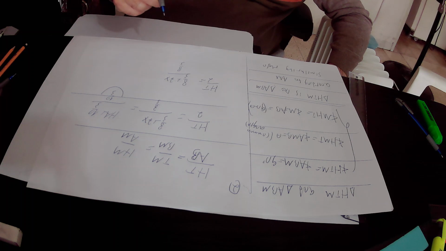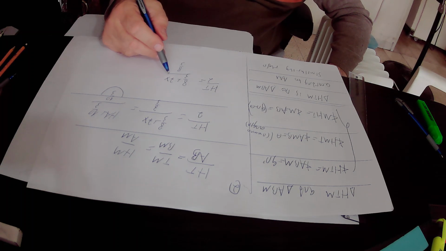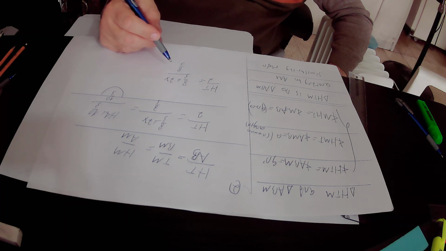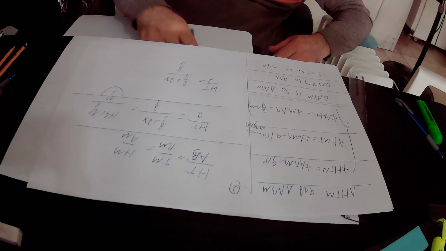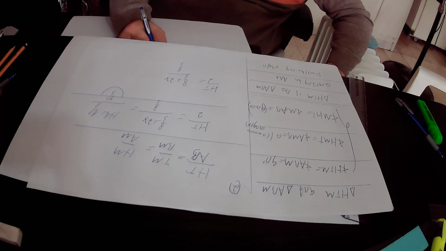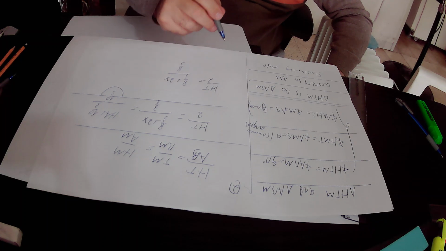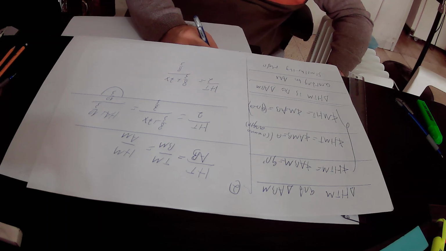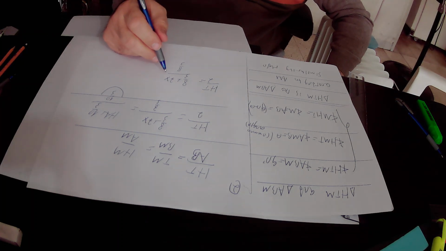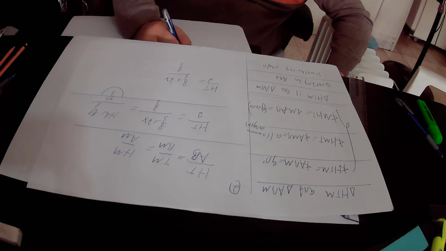Here we'll multiply 2x by 3 and then divide it by 3 in order to overcome the factor with 8 over 3. And we'll get that HT over 2 equals 8 over 3 plus 2x times 3 is 6x.